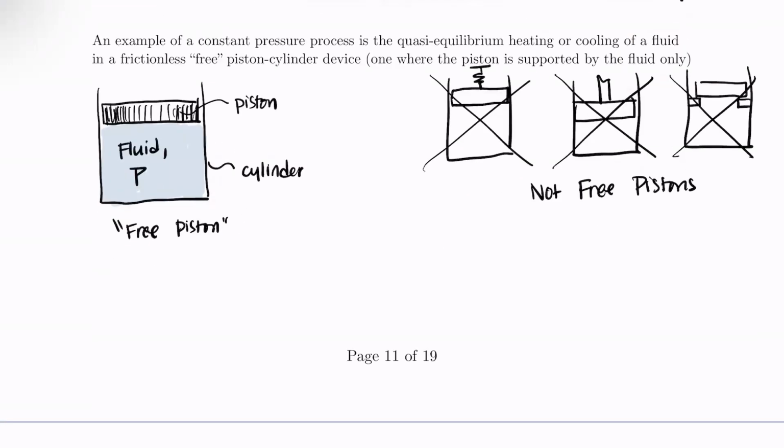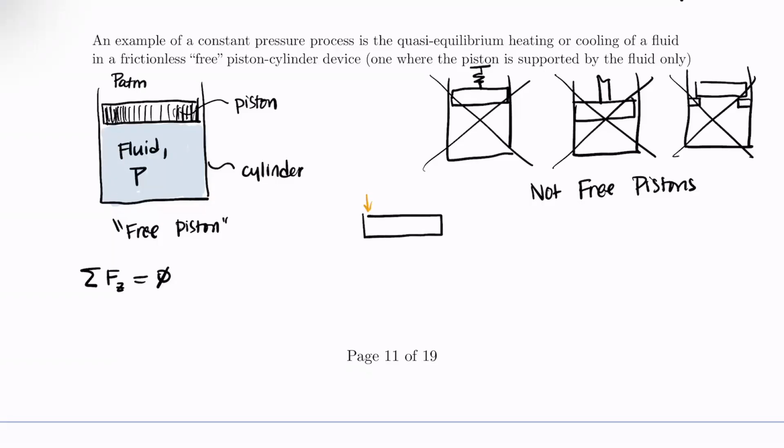So going back to our free piston, in this circumstance, we know that the sum of the forces in the z direction are going to be equal to 0. All right, so we basically have the mass of the piston itself, so the gravitational force due to its mass, is balanced with the pressure of the fluid pointing up and the pressure of atmosphere at the top, right? So we have pressure of atmosphere on the top. And let me just draw a free body diagram real quick to make this abundantly clear.